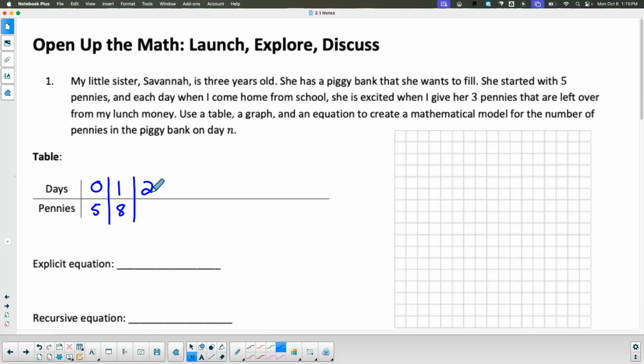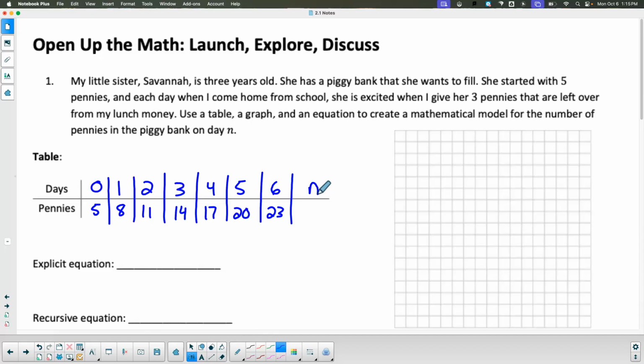How many pennies? 11. Day 3, 14. Day 4, 17. Day 5, 20. Day 6, 23. Day n, don't know yet, right? Okay.